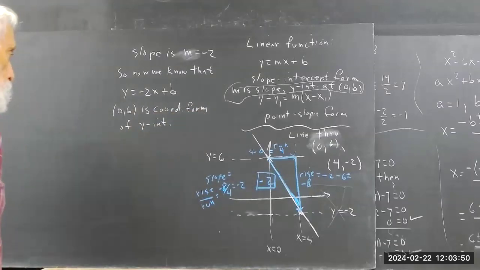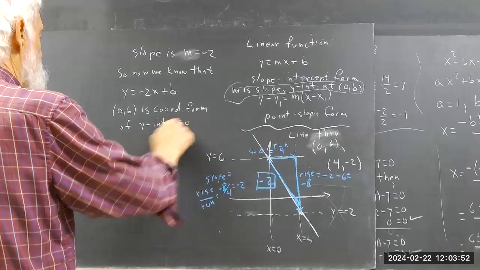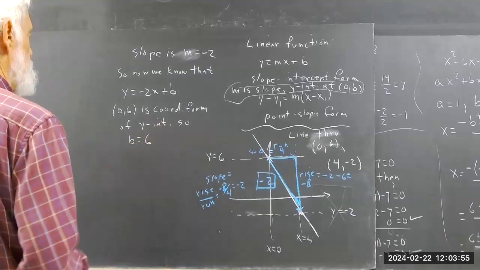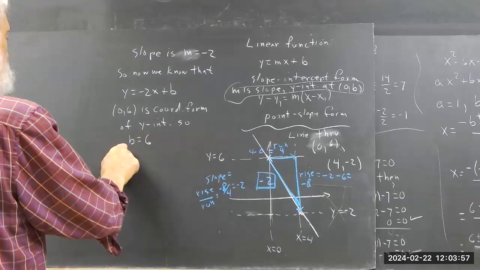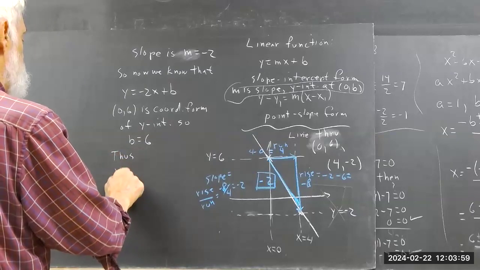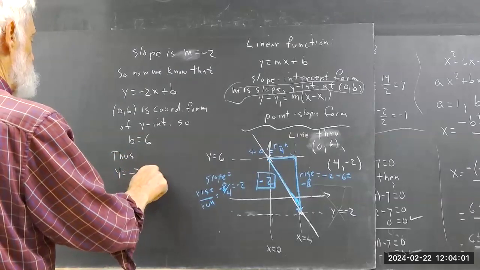It's the coordinate form of the y-intercept, so b equals 6. Thus, y equals -2x plus 6.